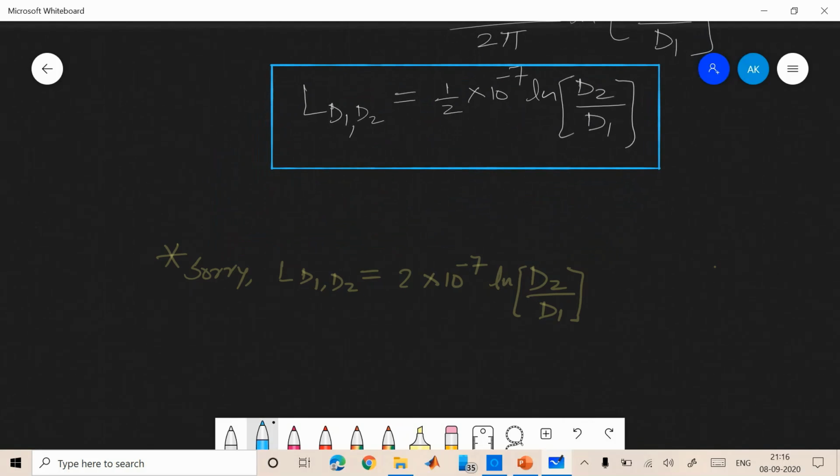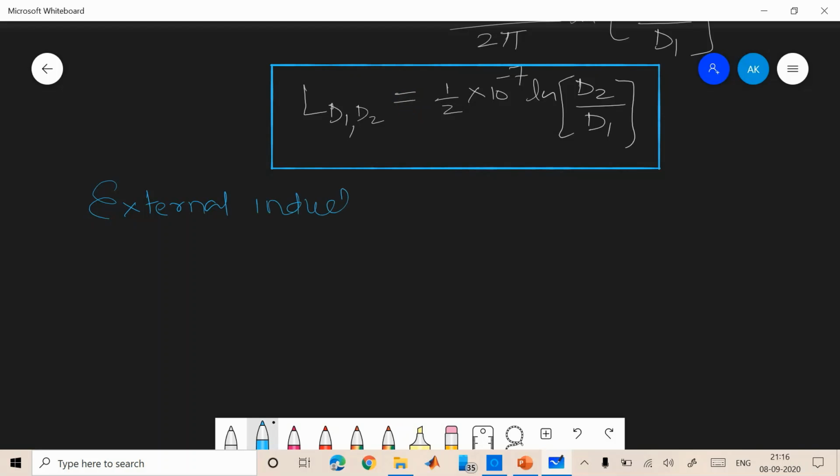Now we will write external inductance of an isolated conductor.